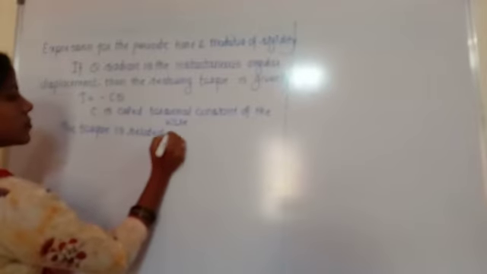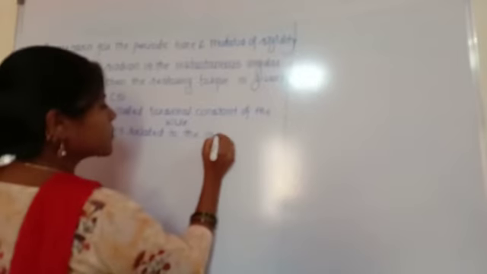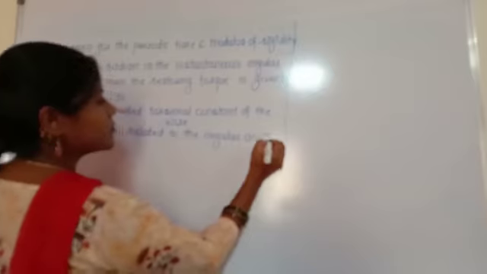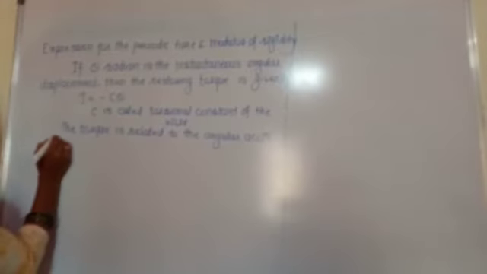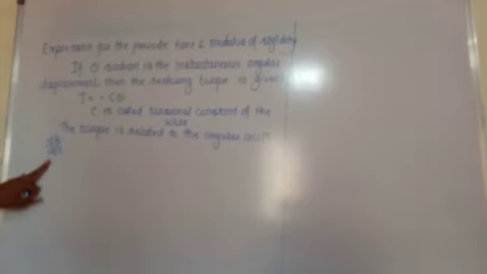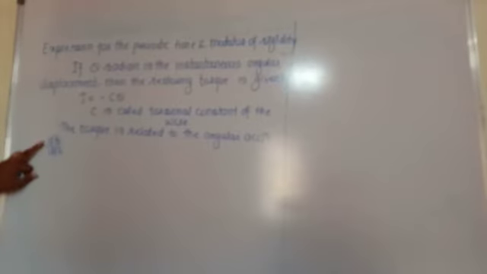This restoring torque is related to the angular acceleration, that is d square theta by dt square. If theta is the angular displacement, then the angular acceleration is d square theta by dt square.